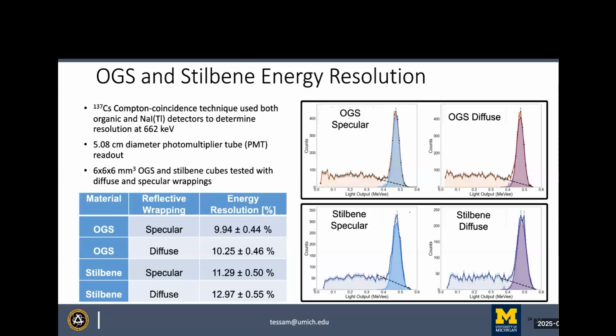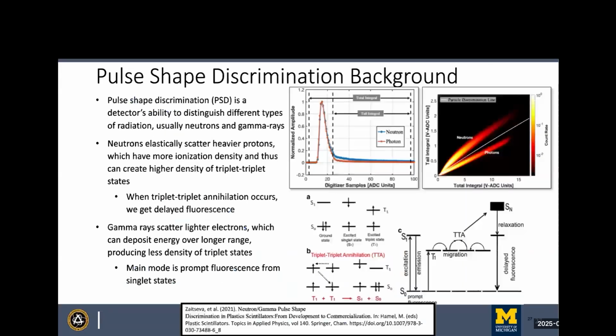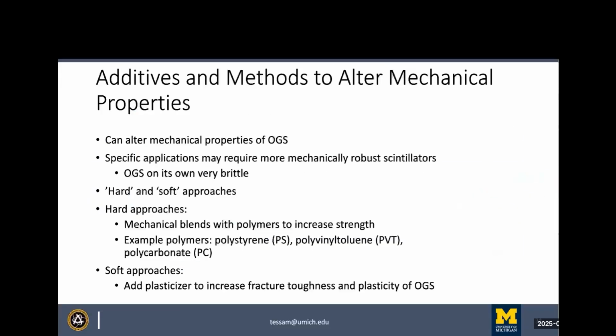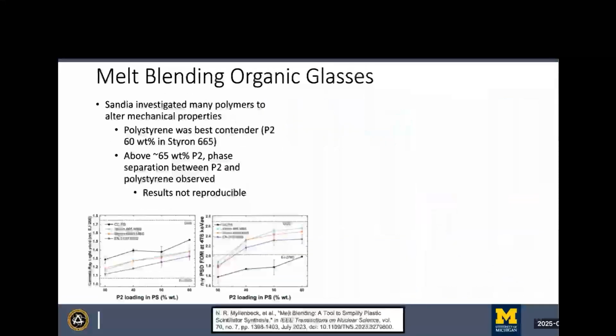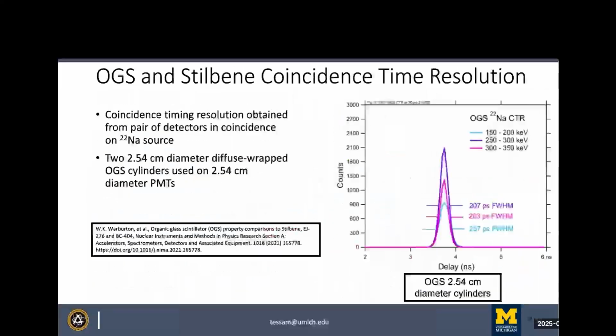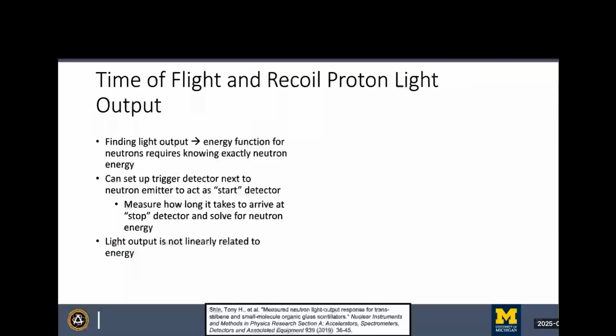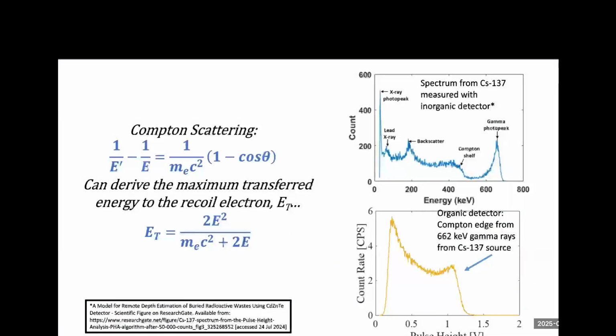And also on the topic of energy resolution, looking at the photopeak or the Compton edge, does Doppler broadening have any effects with the higher Z materials? Sorry, I'm trying to find the slide. Here, the Compton edge.